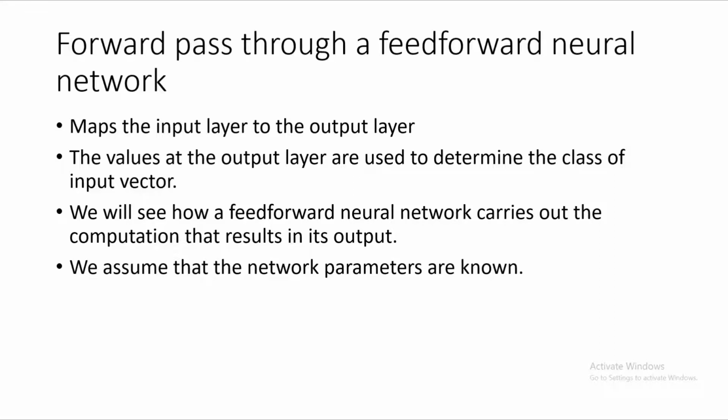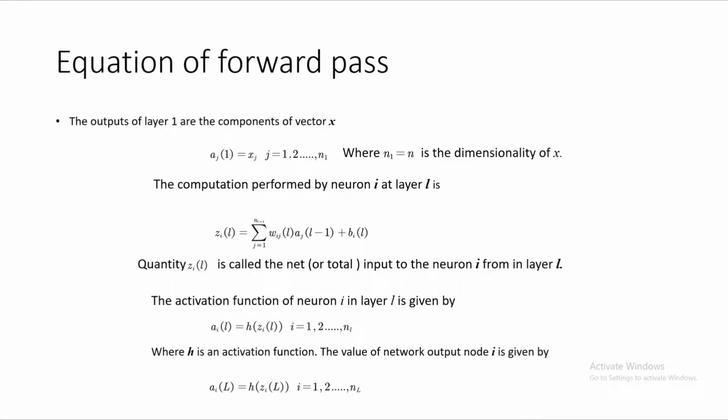We will see how the feed-forward neural network carries out the computation that results in its output. For simplification, we assume that the network parameters are known, like we already know the weights of the network. So we have a very simple example here.